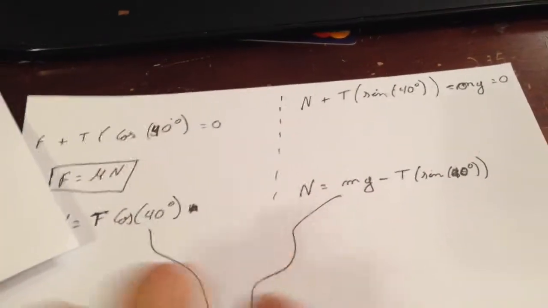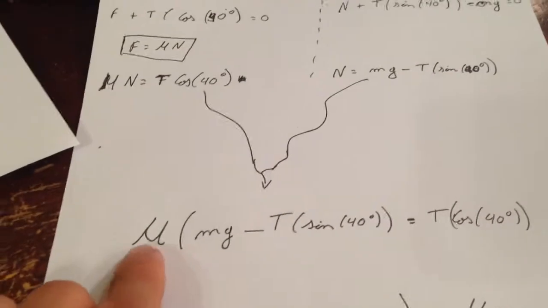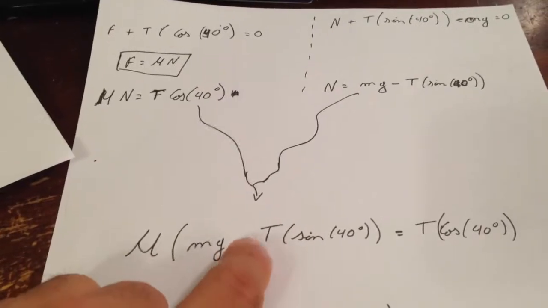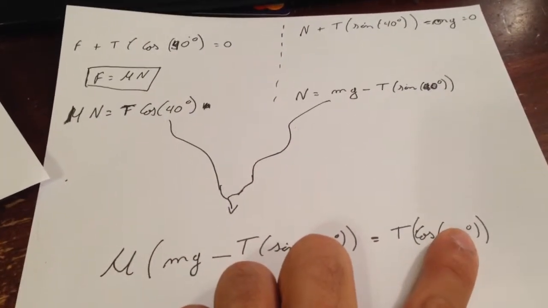So we put these two together, we put N with the N, comparing equations, and we get something like this: u times (mg minus T sine 40) equals T cosine 40.